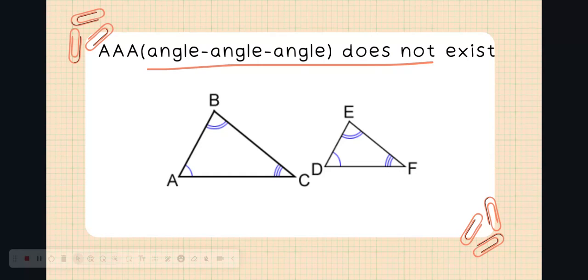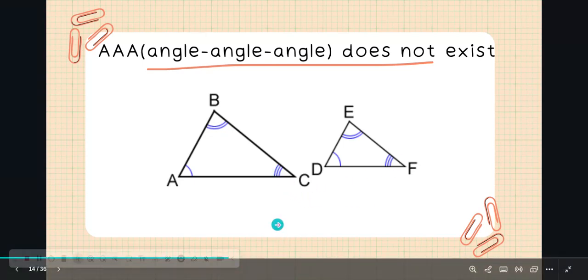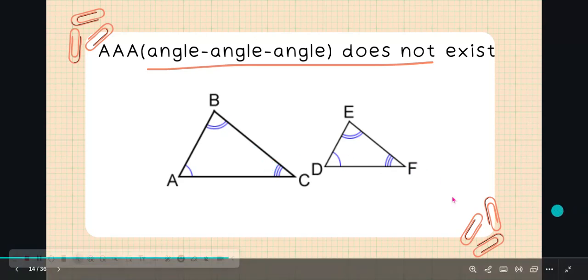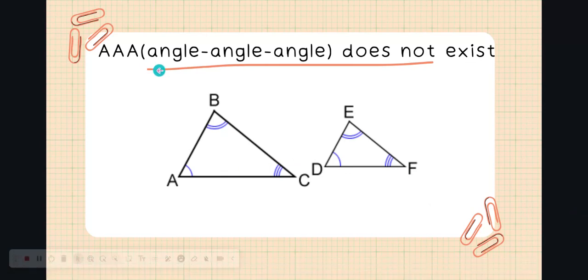Though SSS is a triangle congruence postulate, AAA, or angle, angle, angle, does not exist. Let's take an example of these 2 triangles. We can see that they have 3 corresponding congruent angles. But they are still not congruent because AAA is not an existing triangle congruency postulate.